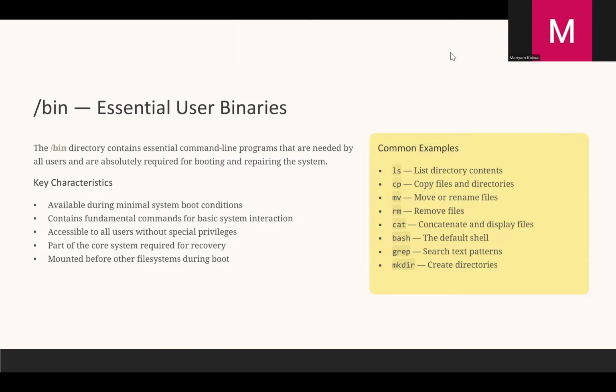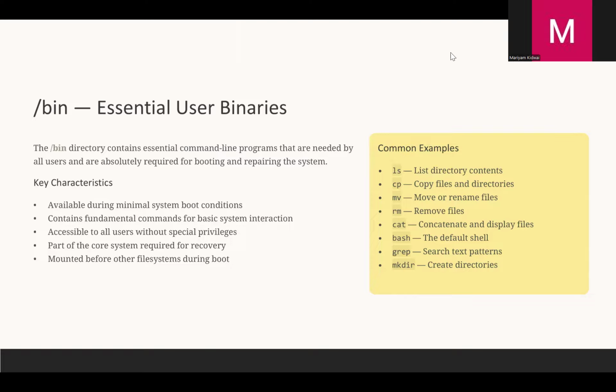Some common examples include ls, which lists directory contents; cp, which copies files and directories; mv, which moves or renames files; rm, which removes files, as we discussed in the previous lecture; rmdir; and mkdir, which creates directories. Cat concatenates and displays files.